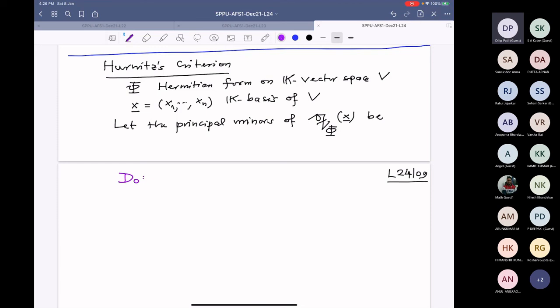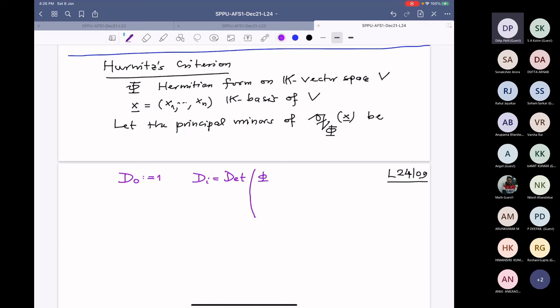That is, by definition, 1. The zeroth minor, if you want. Di is the determinant of the first i rows and first i columns.